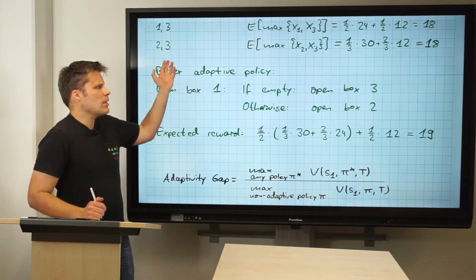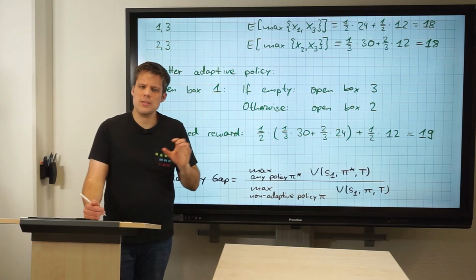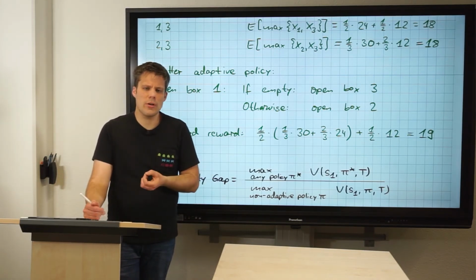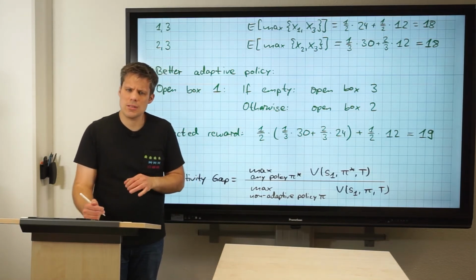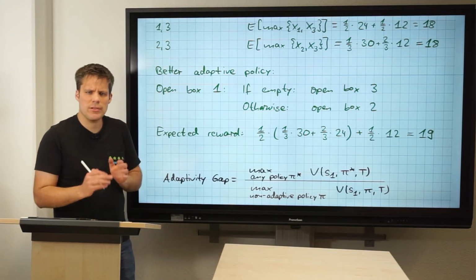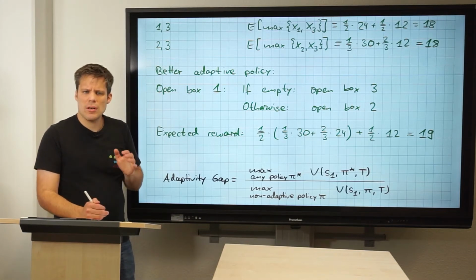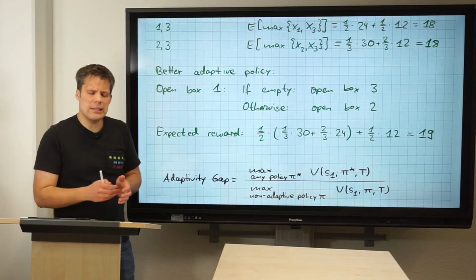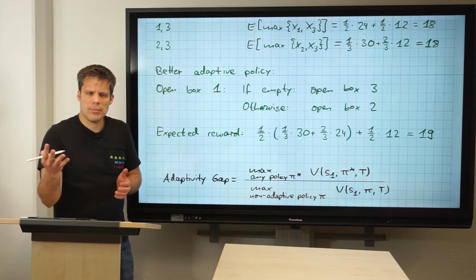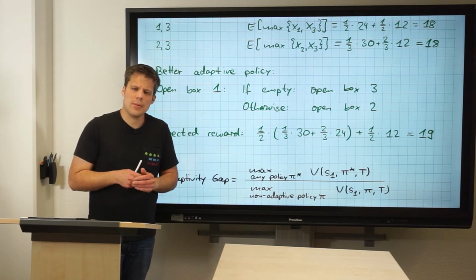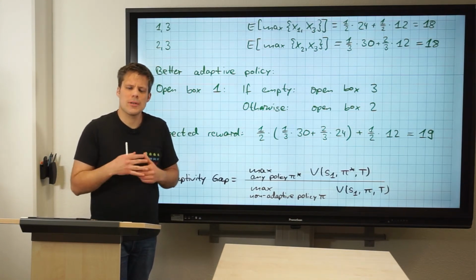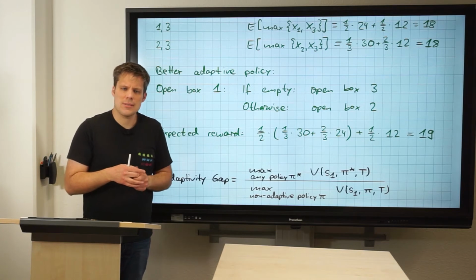Whereas stating such a non-adaptive policy is just stating which boxes you should open. Still, finding the best non-adaptive policy might still be difficult, because also finding just a subset of boxes is not exactly easy. Like if you think about the knapsack problem, there just finding what you want to pack inside your knapsack is also a difficult problem.